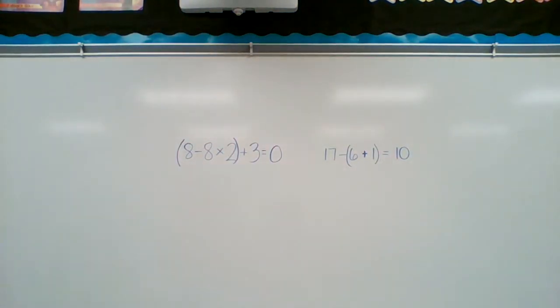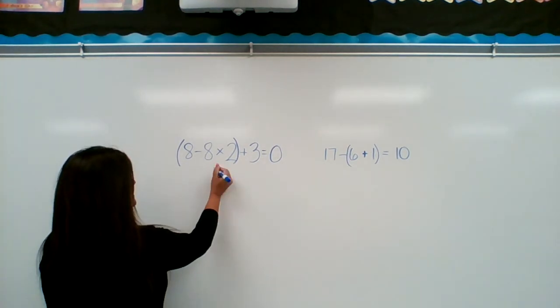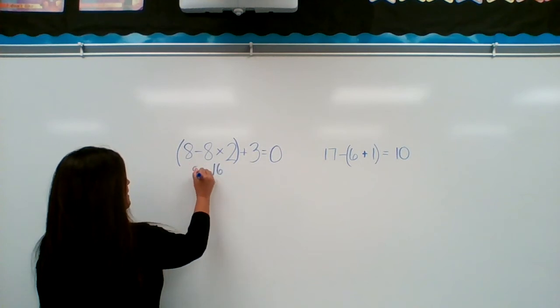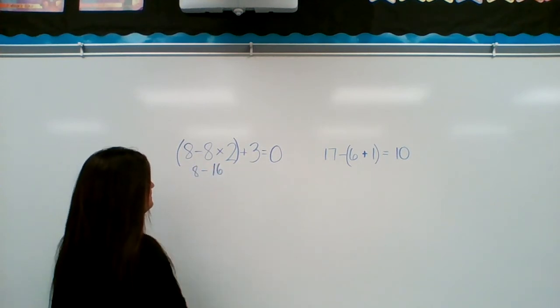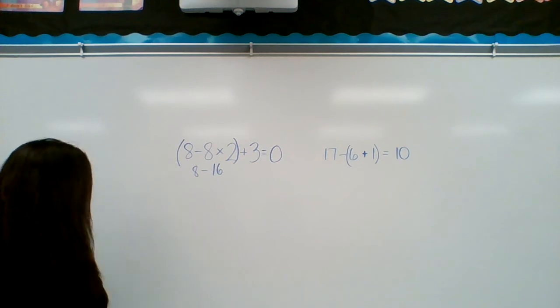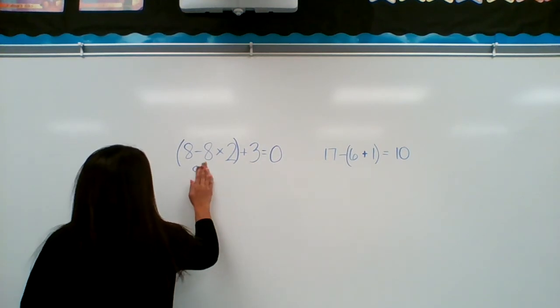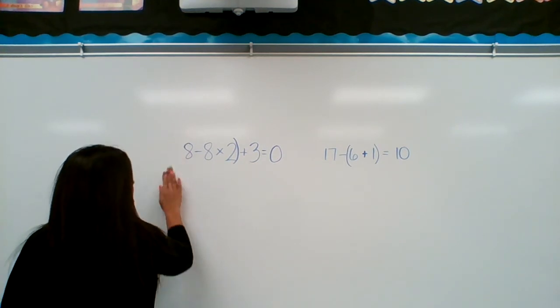So now I have 8 times 2, right? 8 times 2 is 16. 8 minus 16. Nope, that one is definitely not going to work. So I know that's not a good place to place my parentheses.